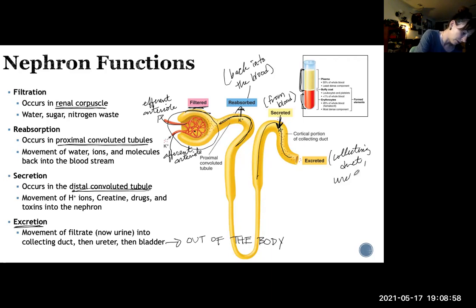To the ureter, I should say, to the renal pelvis, to the ureter, to the bladder, and out, right? And that's heading in this direction towards that renal pelvis.